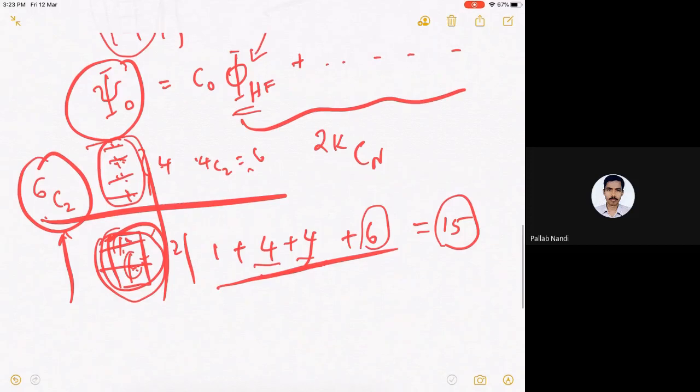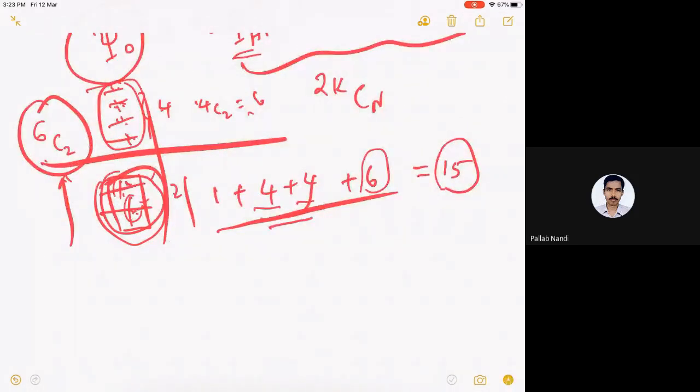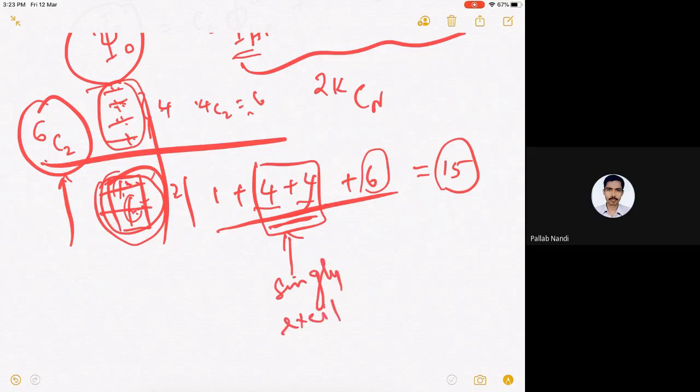So this kind of determinant, where I have lifted only one electron from one occupied to one virtual spin orbital, would be called a singly excited determinant. Remember, we are looking at a ground state wave function, so don't get confused with this word excited.